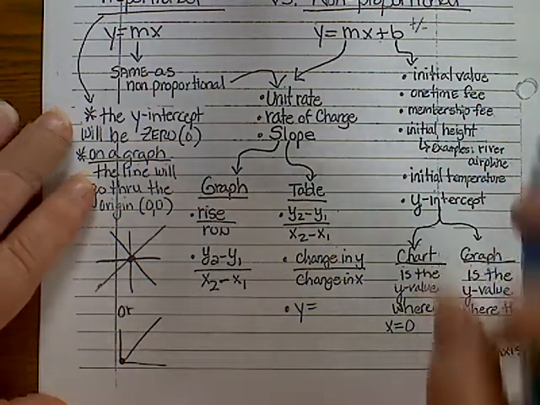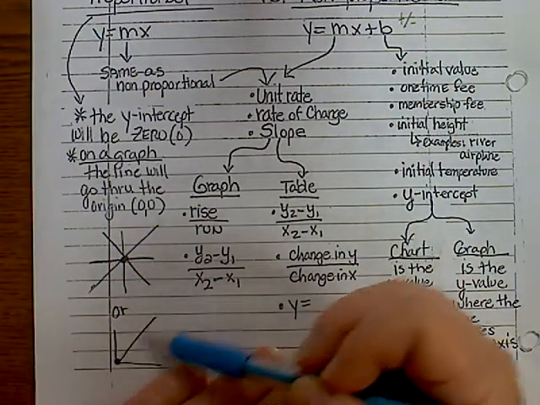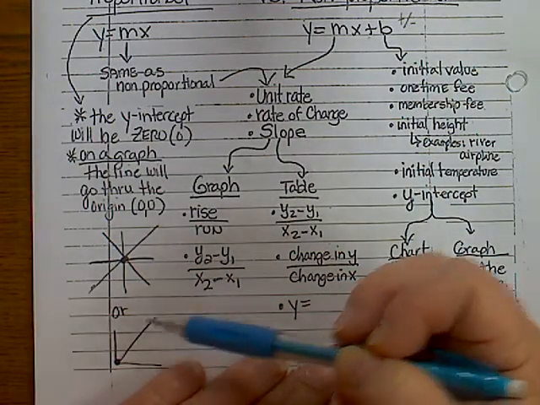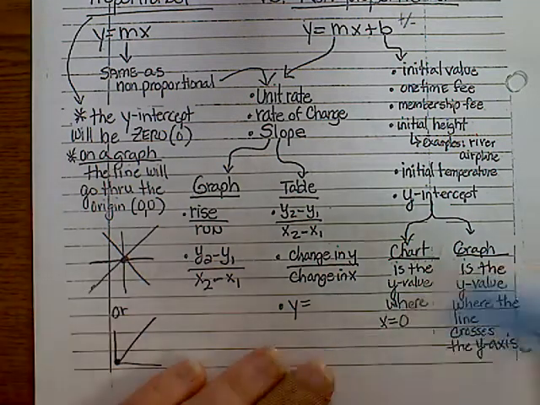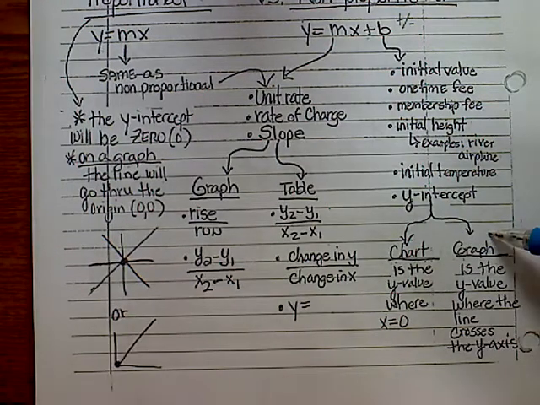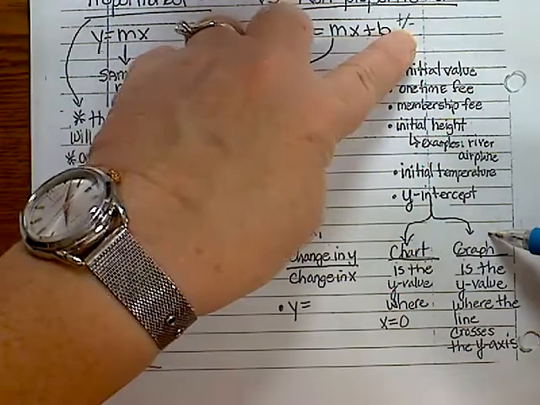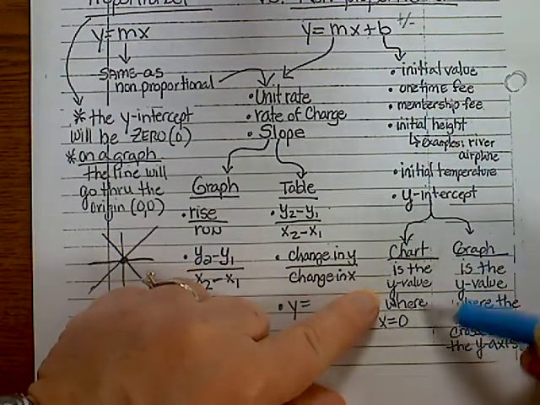If it is not proportional, it's not going to contain the origin. So it's not going to go through the origin because it's going to be a one-time membership fee. You're going to have that plus or minus part, okay? In a chart, it is the value where x is 0.